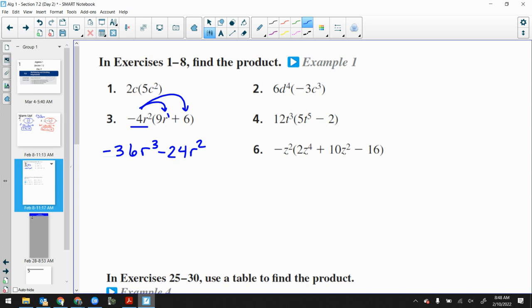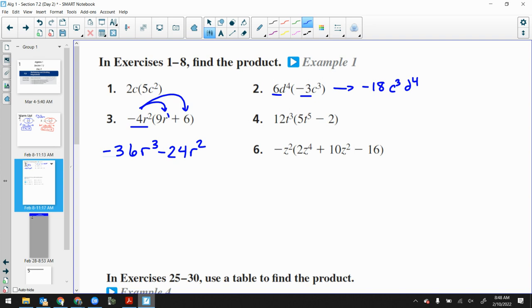Number 2. So here, this is another one where it's a monomial times a monomial. Now that means that I just multiply the numbers together, and then I multiply the letters together. Now, I've got d to the 4th, c to the 3rd. Do I have any like letters there? No, so you actually end up just writing it out.